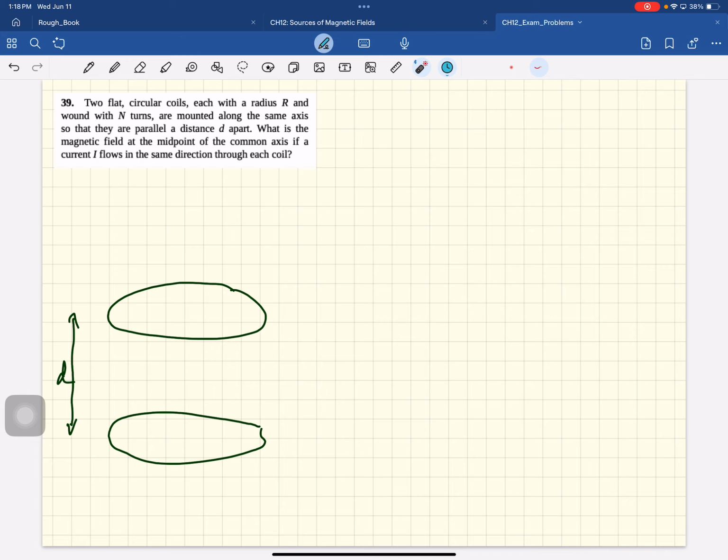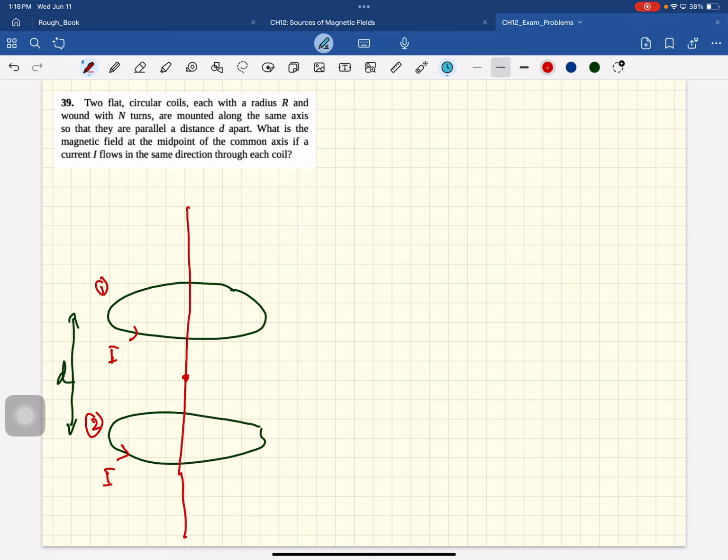What is the magnetic field at the midpoint of the common axis? So we'll call this loop 1, loop 2. If the current flows in the same direction through the coils, I and I.